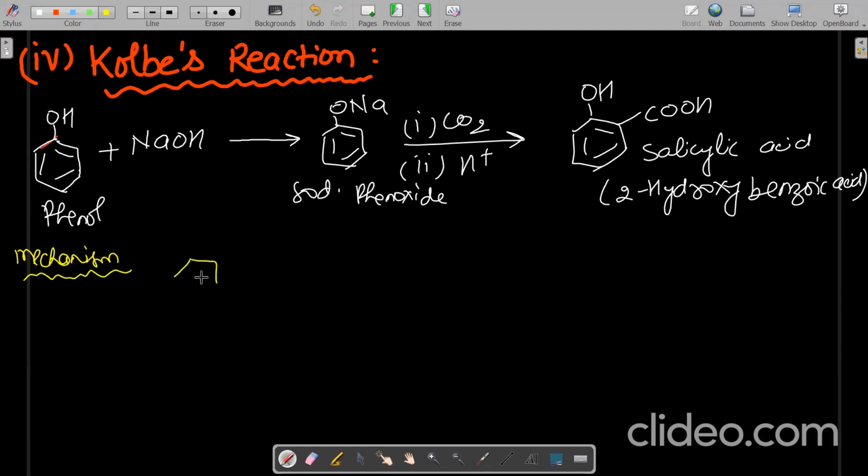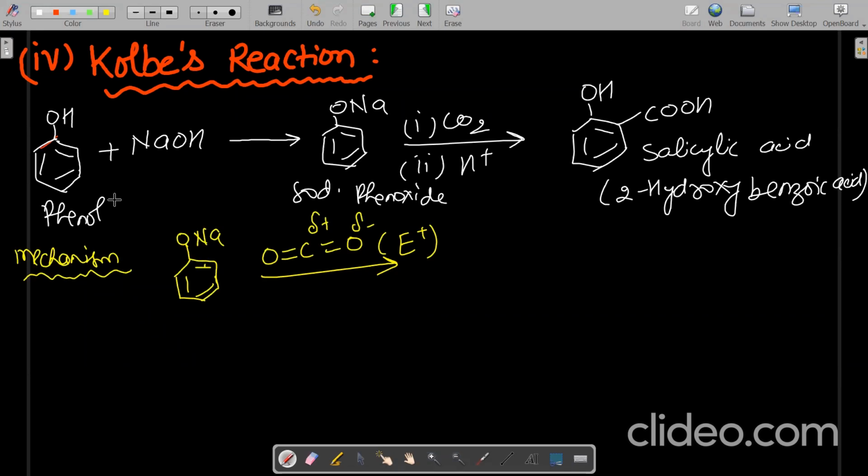So first phenol reacts with NaOH to form sodium phenoxide. That is the same step. And this sodium phenoxide, ONa, is treated with carbon dioxide, in which this carbon dioxide acts as an electrophile. Okay, it is a type of electrophilic substitution reaction in which, in carbon dioxide, this carbon acts as an electrophile because carbon carries a positive charge with respect to oxygen.